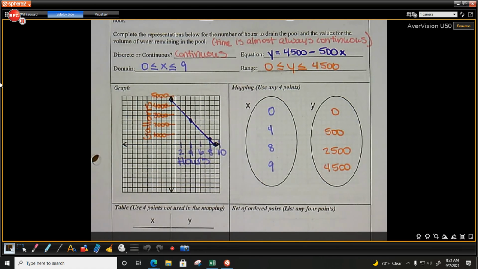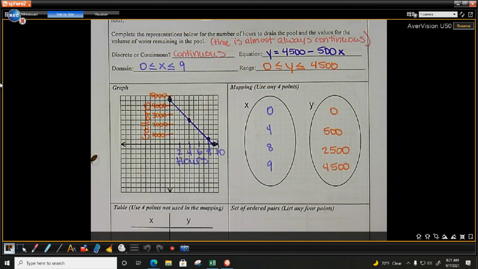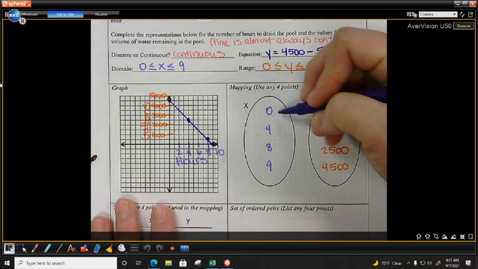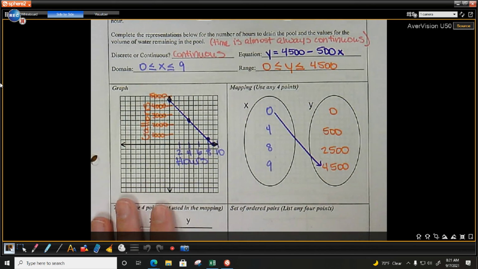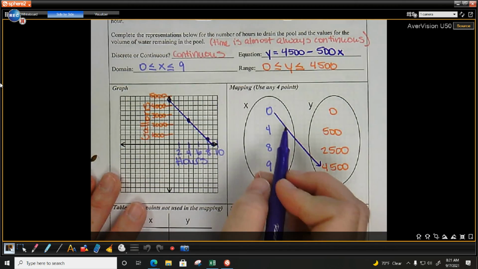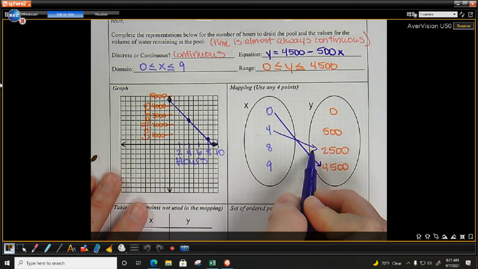Okay, so then we're going to draw our lines. At 0 hours, how much water is in the pool? So draw your arrow. At 4 hours. At 8 hours. And at 9 hours, there's 0 water.